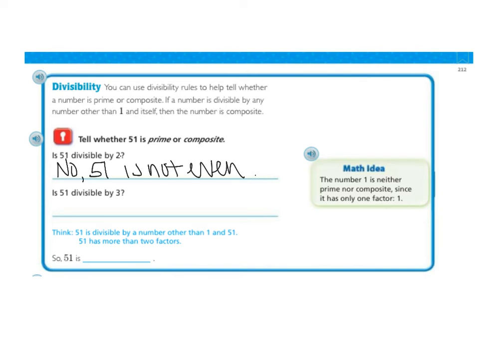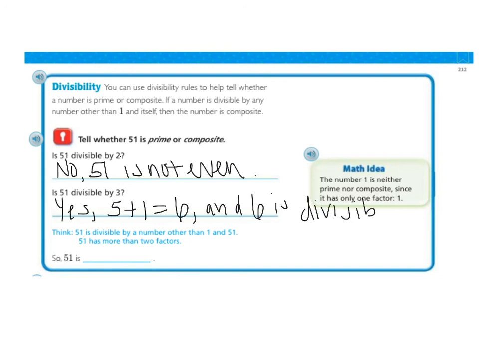Is 51 divisible by 3? Well, yes, because if you do 5 plus 1, that equals 6, and 6 is divisible by 3. So again, that goes along with the divisibility rule of 3, where you add your digits to see if the answer is divisible by 3. So this is going to be yes, because 5 plus 1 equals 6, and 6 is divisible by 3.